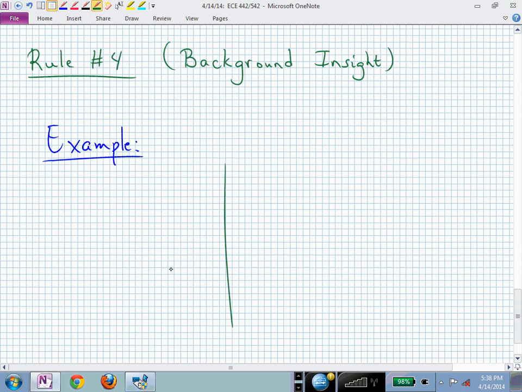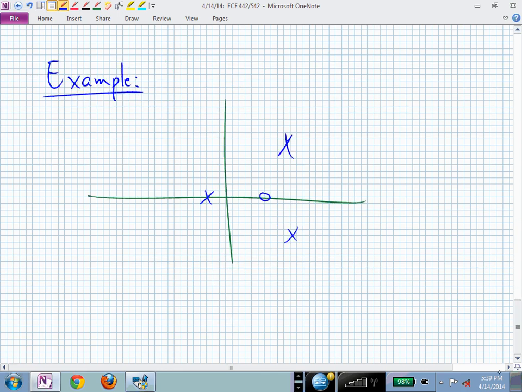Suppose somebody has the following picture, and they say, okay, I have a pole there, a zero there, and a pole there. And you can see that you do have a pole zero excess. And you want to know, where are my asymptotes going to be located?